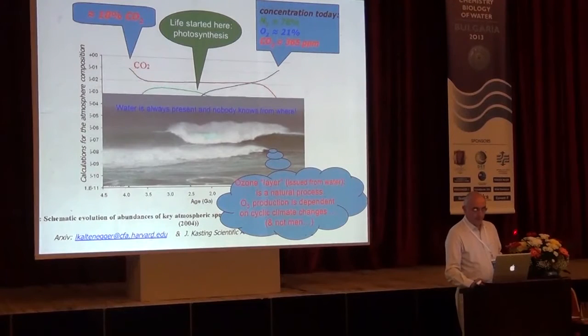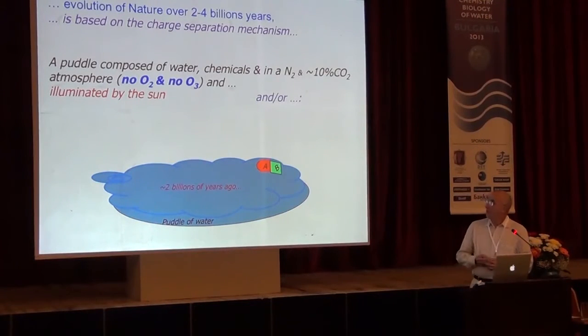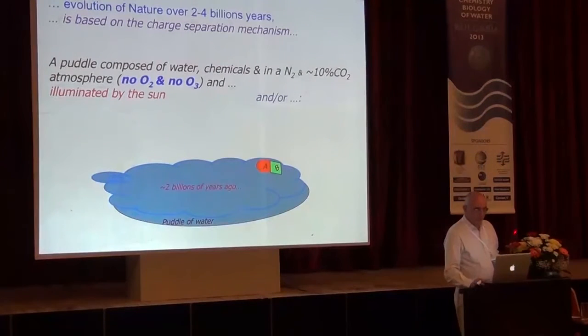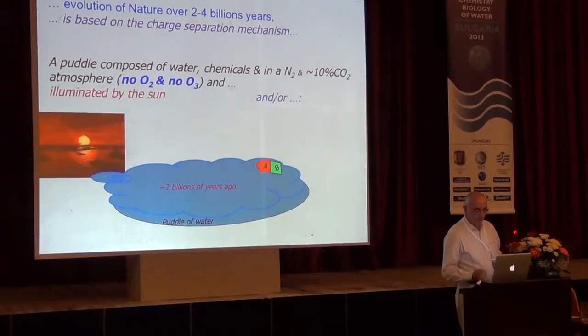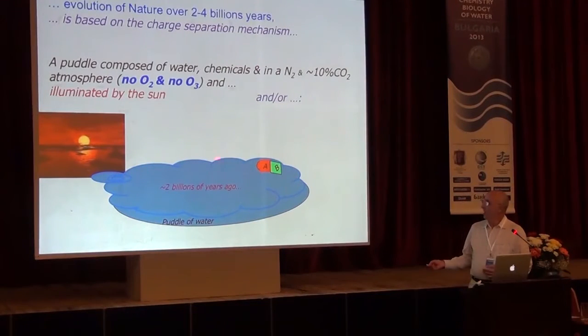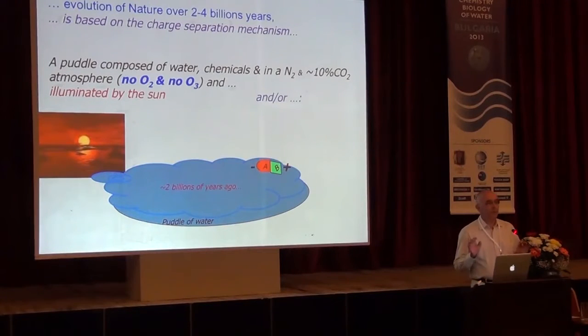And water is always present in our life, and we don't know where it comes from. So it starts 2 billion years ago with this kind of atmosphere, with the help of sunlight, and maybe in a pool of water with 2 different materials, A and B. In this condition, with the help of something, we could get the first charge separation on Earth.